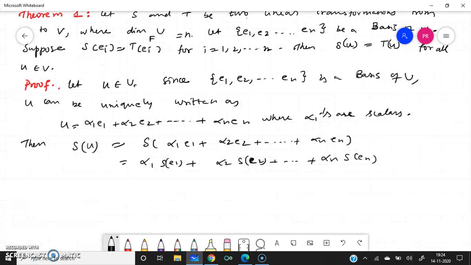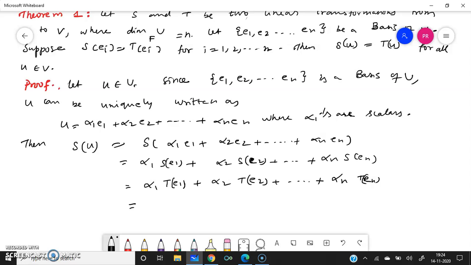Right? But it is given that S of Ei equal to T of Ei for every i. Therefore, S of Ei can be replaced by T of Ei. That is, alpha 1 T of E1 plus alpha 2 T of E2, plus and so on, plus alpha n T of En.